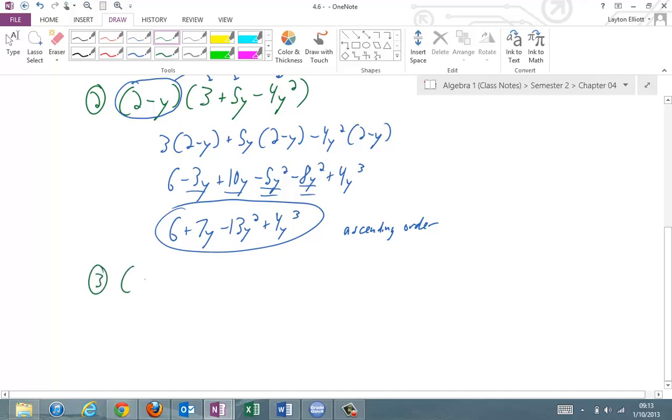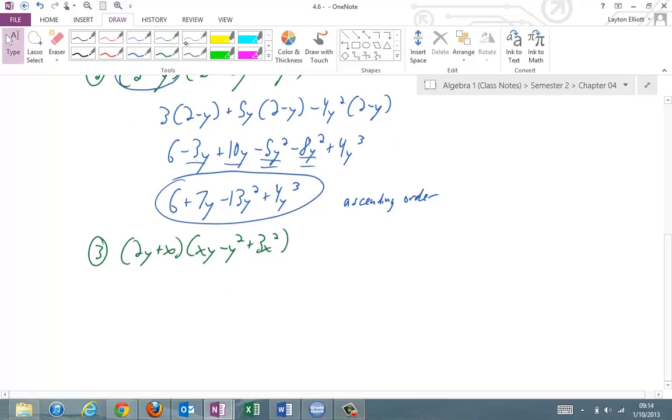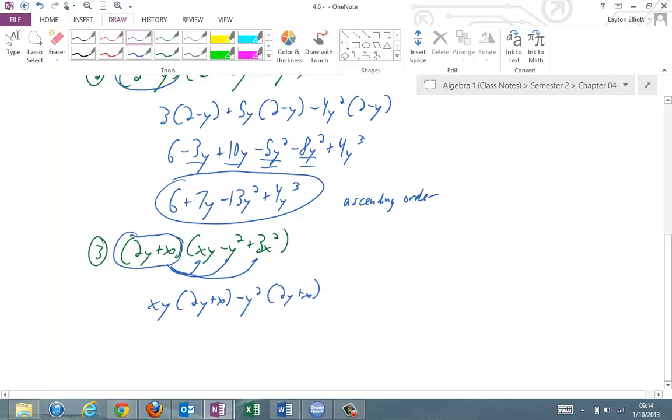Okay, next problem. 2y plus x times xy minus y squared plus 3x squared. Again, we're going to take the leading one and multiply it into each part, giving me xy times 2y plus x, minus y squared times 2y plus x, then plus 3x squared times 2y plus x.